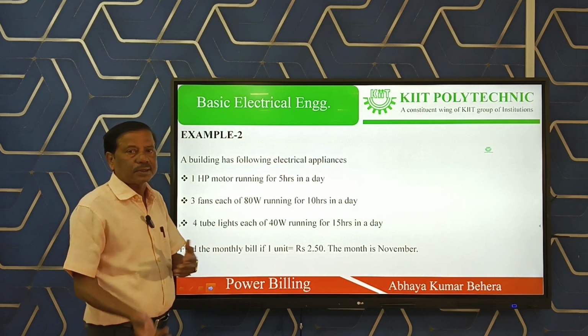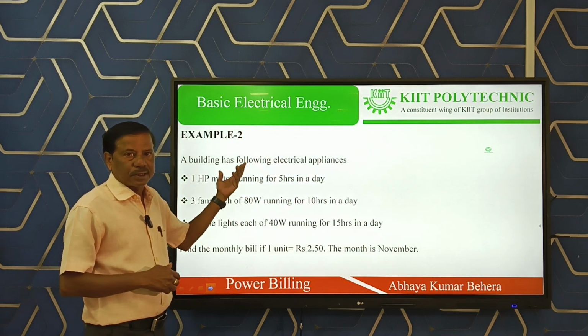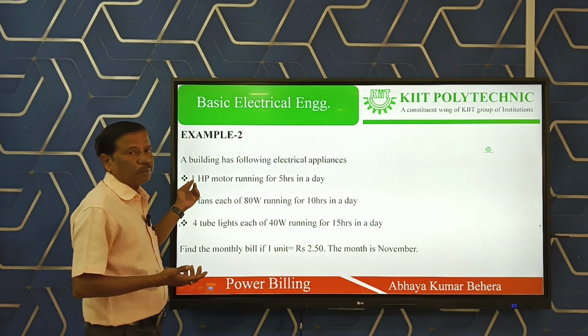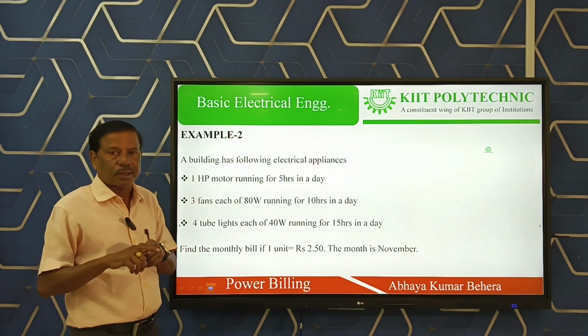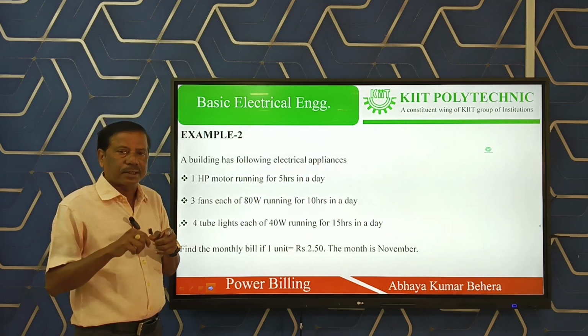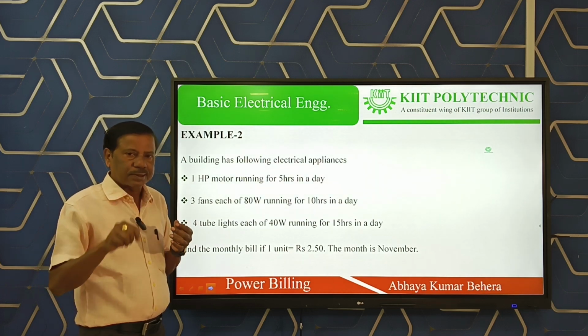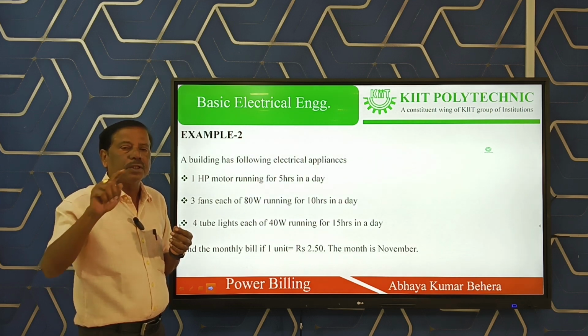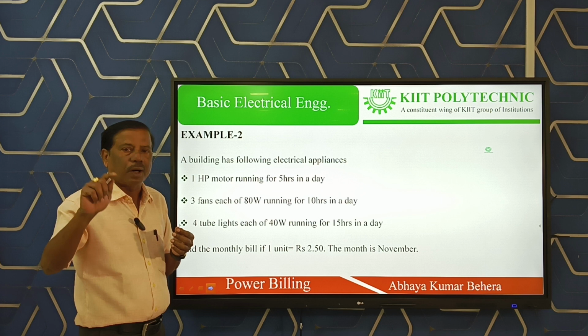The rest of the calculation, as I mentioned in the previous example, is the same. The only change here is the horsepower, which you have to convert into watt. Then write the number of loads, make a table, number of watts, then how many hours you use, that is your power consumed in watt hour.